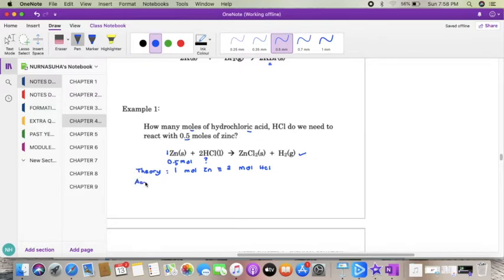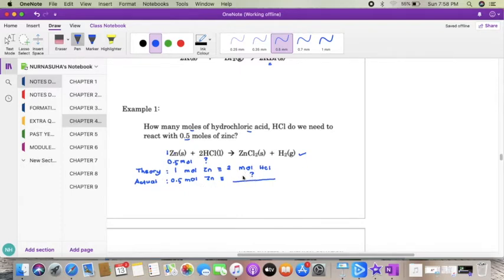However, yang sebenar, yang actual yang you ada bukan 1 mole zinc, tapi yang soalan bagi adalah 0.5 mole zinc. So berapa mole HCl awak?